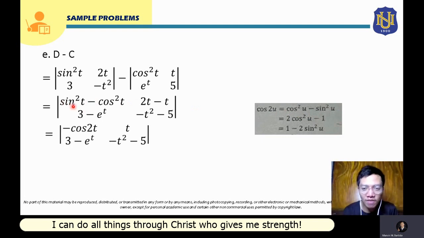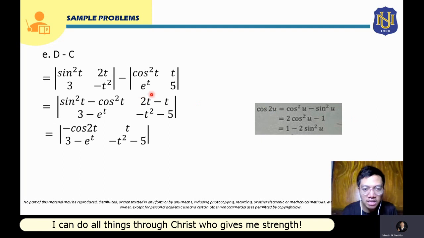After factoring out the negative sign, that will now be equal to negative cosine 2t. So this sine squared t minus cosine squared t is also equivalent to negative cosine 2t from this identity in your trigonometric identities.